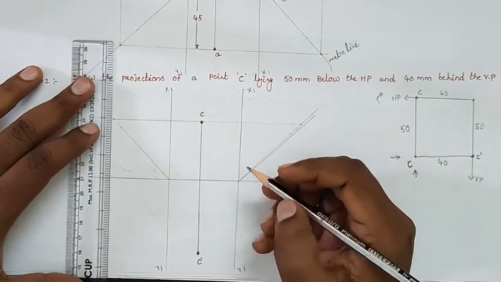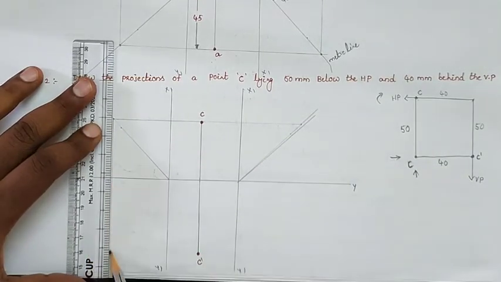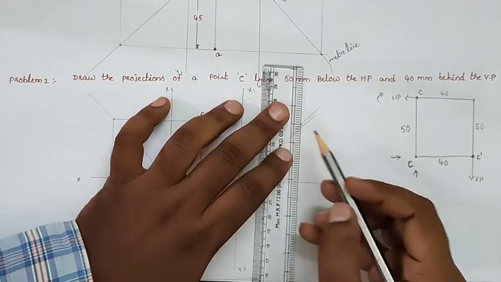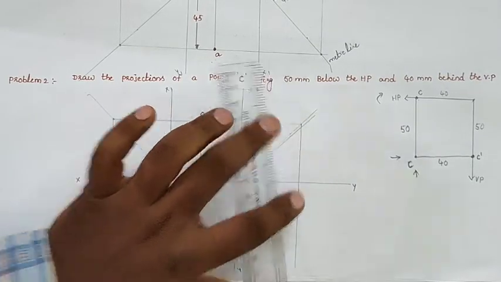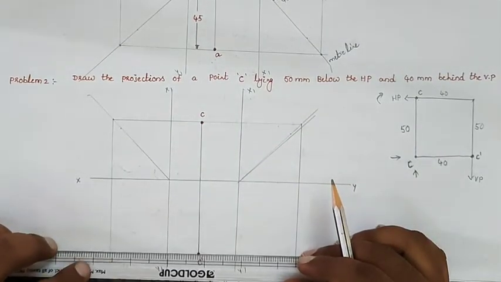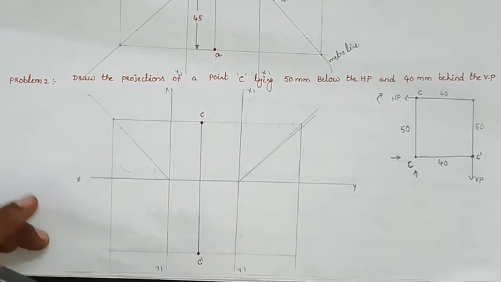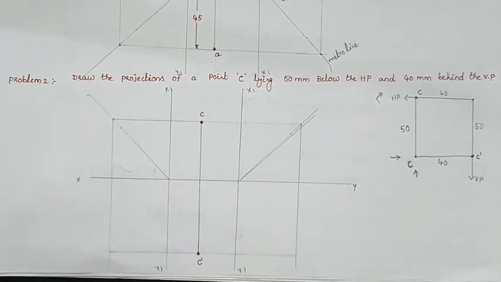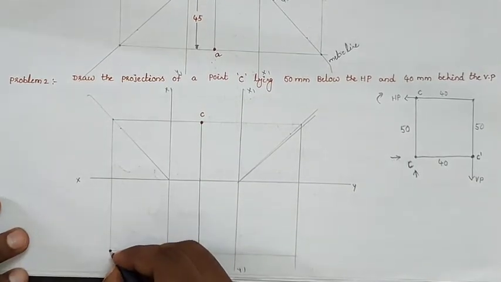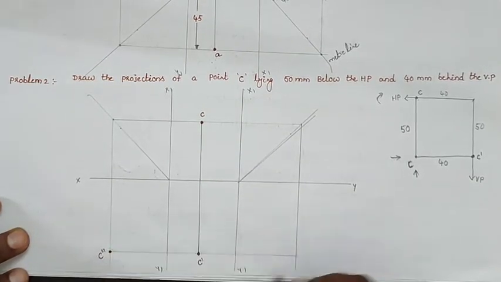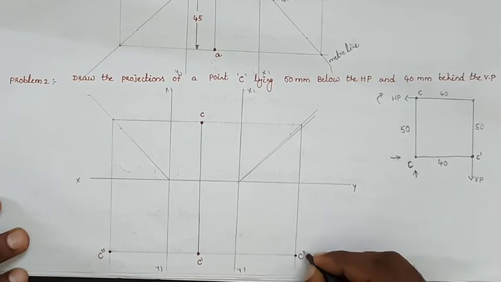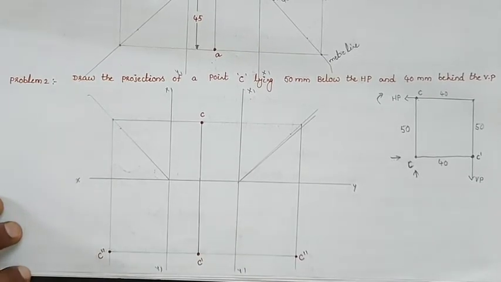From that point we will draw a vertical line. Similarly in this direction also. Next, from the front view we will draw the horizontal projection line and we will get the intersecting points. Now we will draw the side view, so here we will get C double dash, and here also we will get the C double dash point notation.